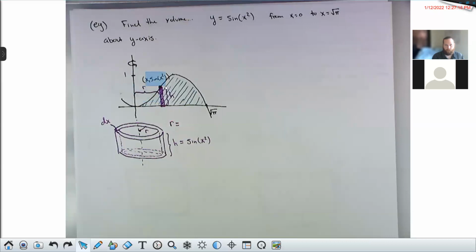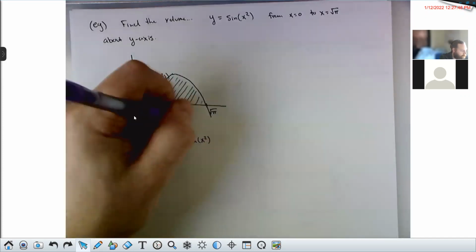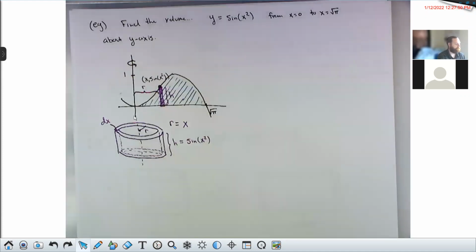This point is x comma sine of x squared. Yeah, very good. Just x, right? It's the x value here minus the x value here. The x value here is just x. The x value here on the y-axis is 0. Remember, the y-axis is the line x equals 0. So the radius is just x.